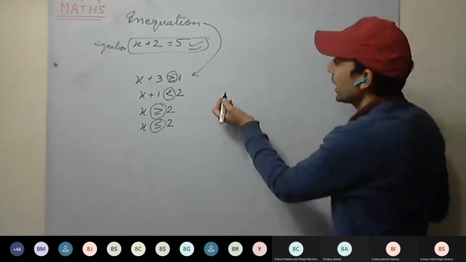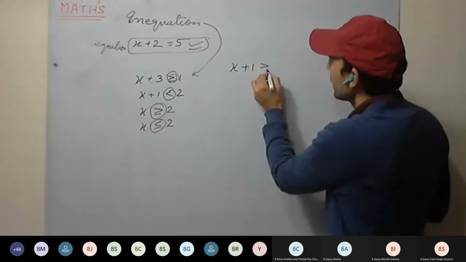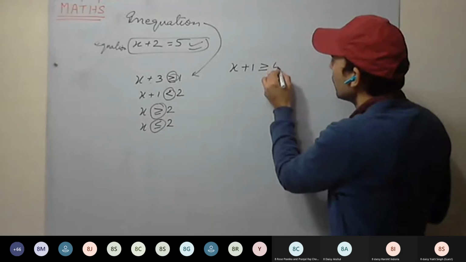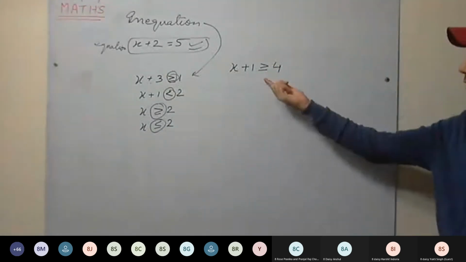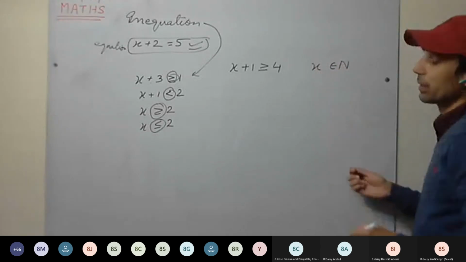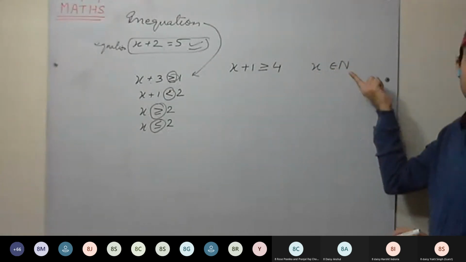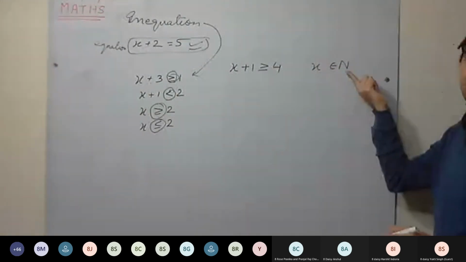So if the question is like this, x plus 1 greater than or equal to 4. Okay, this is our question. And it is given that x belongs to natural numbers. That means what is the replacement set from which we will be taking the answer? This is our natural numbers.